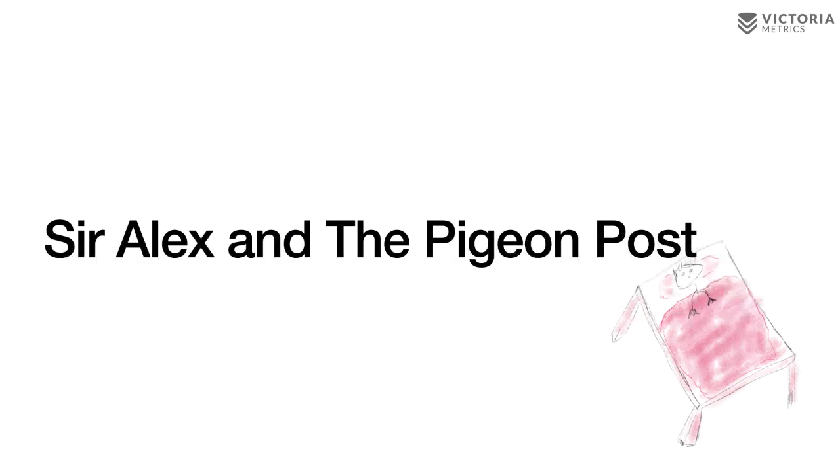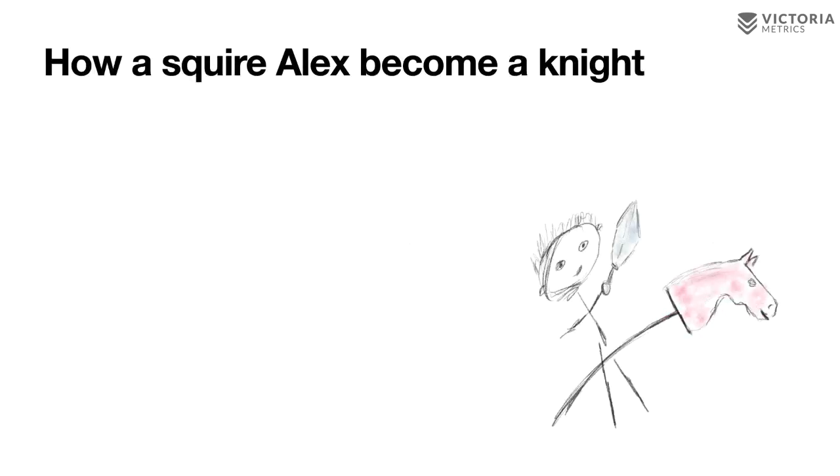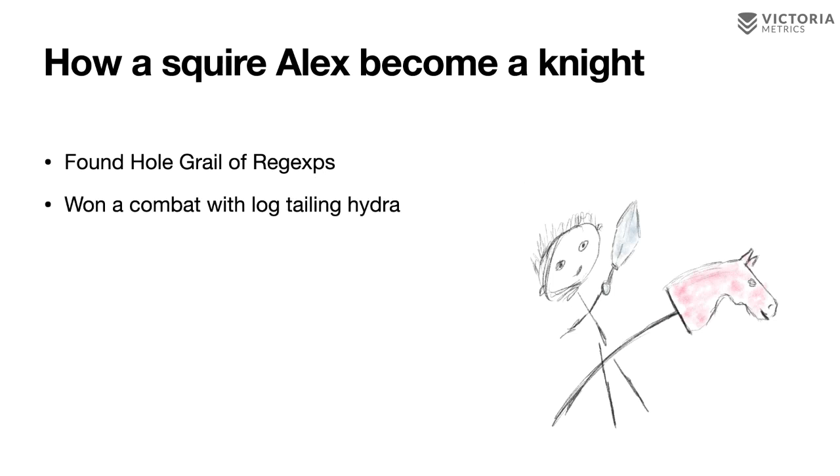I know a lot of stories about Sir Alex. It was maybe a full cycle of stories, big like Lord of the Rings, a really big cycle. So, how did Squire Alex become a knight and become a Sir? At first, he found the holy grail of regular expressions. It was a really nice story, but it was really hard to read. Then he won a combat with a log-tailing hydra.